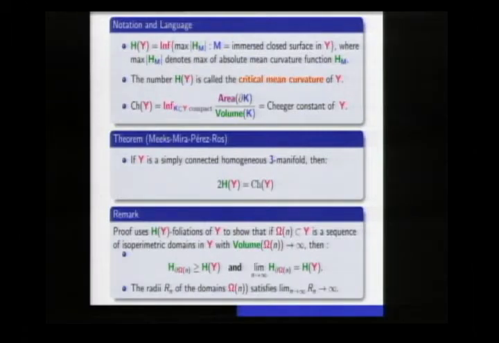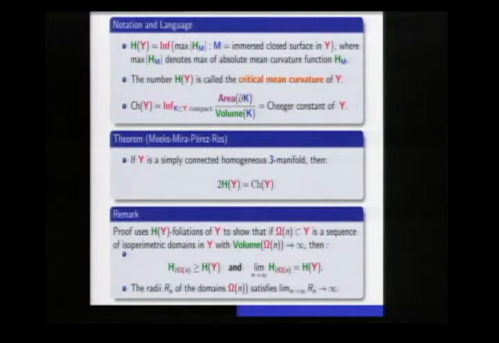When you do the proof, it's very interesting to look at what are called H(Y) foliations. Somehow in the proof, one shows that for Y simply connected and homogeneous, say R^3, you have foliations of it by surfaces of critical mean curvature. Let's look at the Cheeger constant of R^3. It's pretty easy to see that isoperimetric domains are balls.